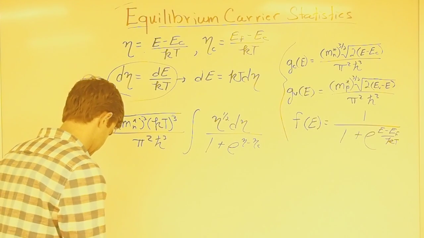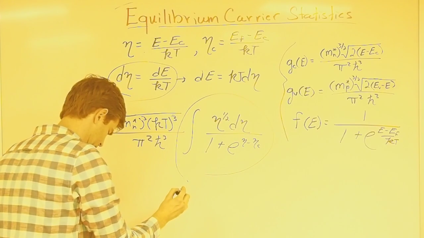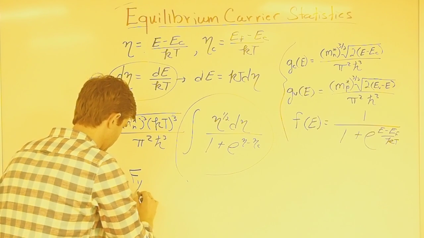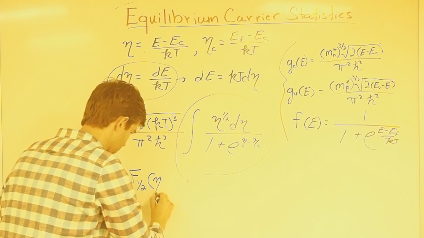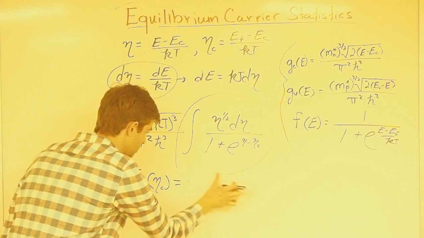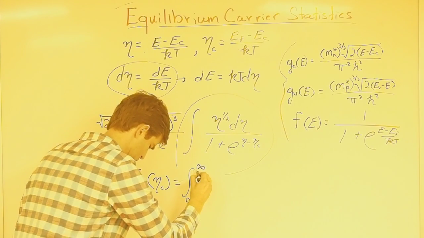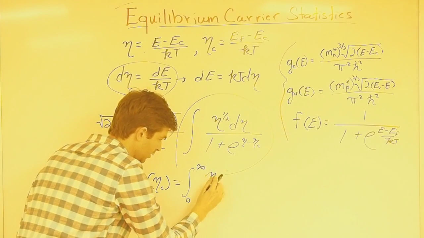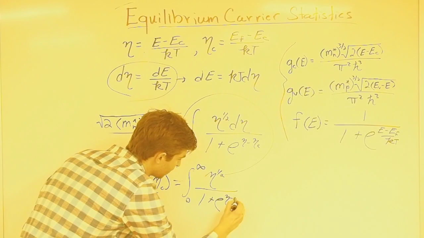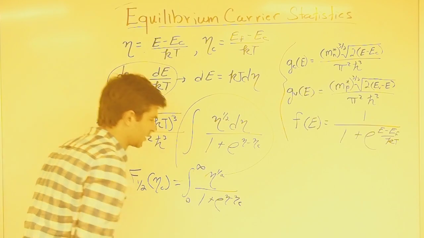We can take this whole term and rewrite it as F to the 1/2 of eta_c is equal to the integral from 0 to infinity of eta to the 1/2 over 1 plus e to the eta minus eta_c, just like that.